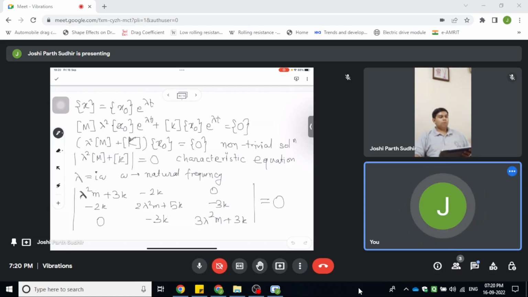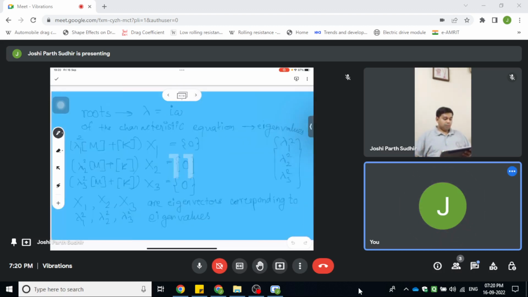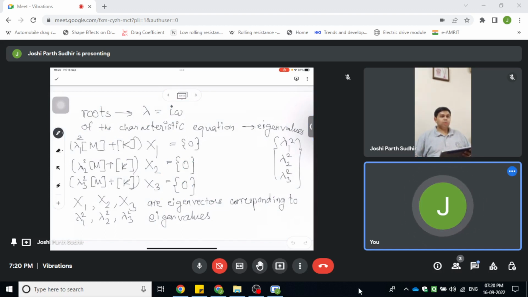If we solve it, we will get a cubic equation in terms of lambda square, or a 6-degree equation in terms of lambda, and using the roots of this characteristic equation we can get the eigenvalues and hence the natural frequencies, let's say omega 1, omega 2, omega 3, using lambda equal to i omega.